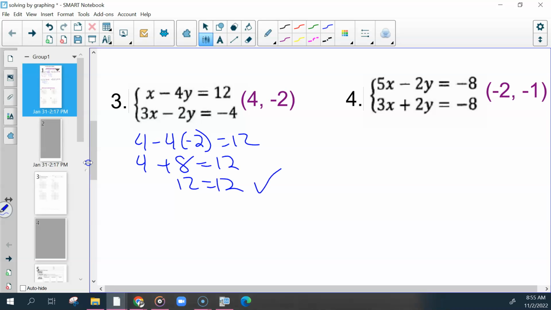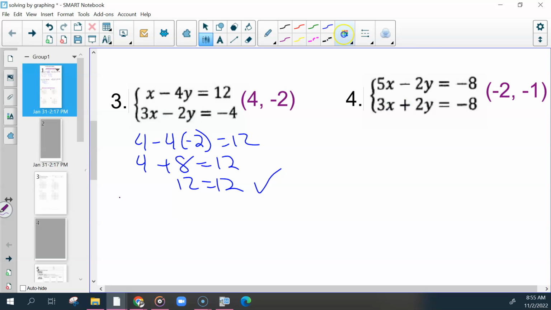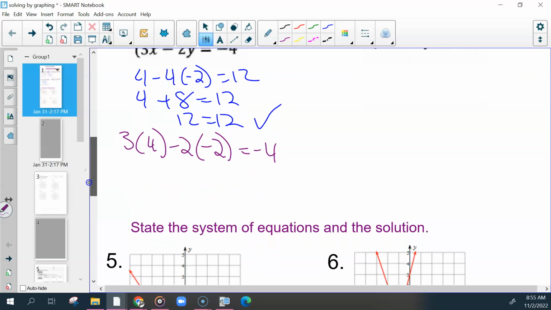The first one works. We still have to test out the second. The second one does not work, so this cannot be a solution.